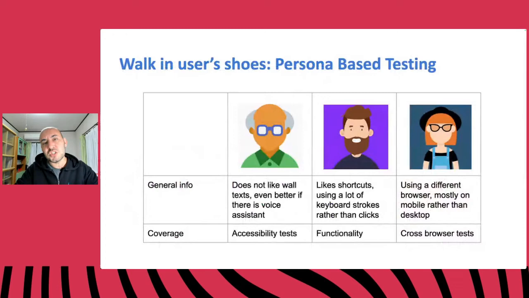So one approach which can help us to improve a customer perspective is personalized testing. For example, if we think about different characters, or different profiles, which might use our system, it can really help us to think about different scenarios. For example, some profiles have different strengths or different weaknesses, or maybe they have different priorities.